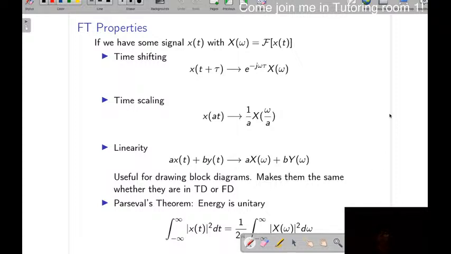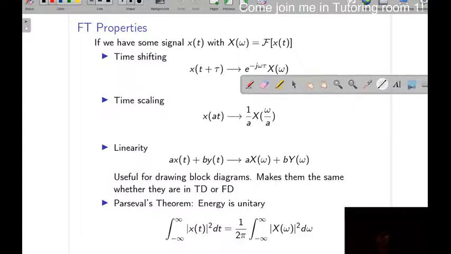One theorem that's pretty important is Parseval's theorem. This is essentially a theorem that tells you that energy is what we call unitary. The way I like to think of something being unitary is money.